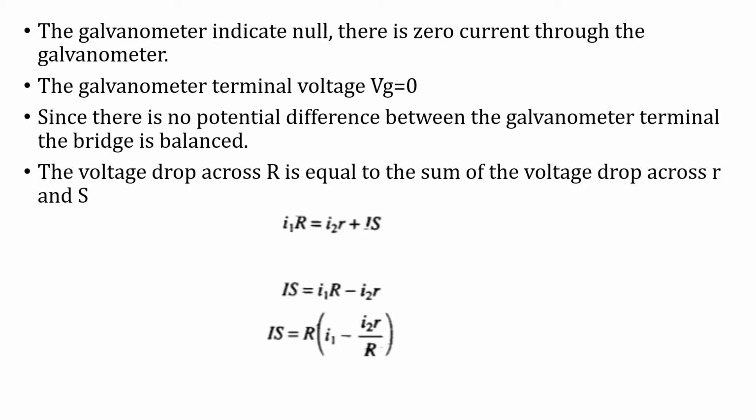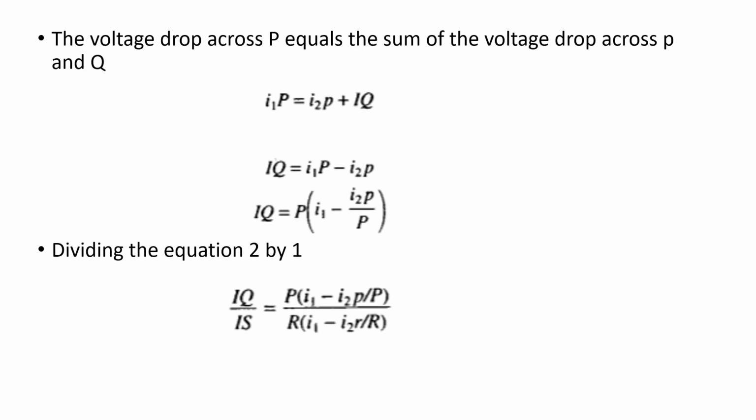So we can write Is is equal to I1R minus I2 small r, or Is is equal to R into (I1 minus I2 small r divided by R). The voltage drop across P is equal to the sum of the voltage drops across small p and Q, as shown in the previous equation.